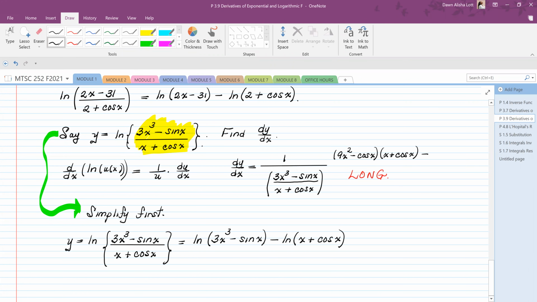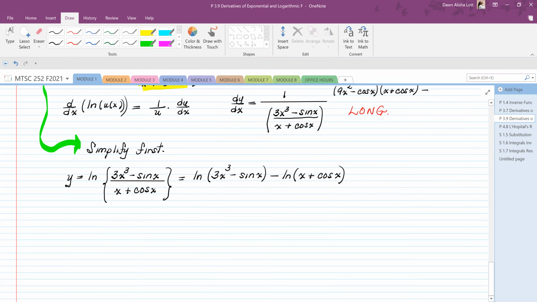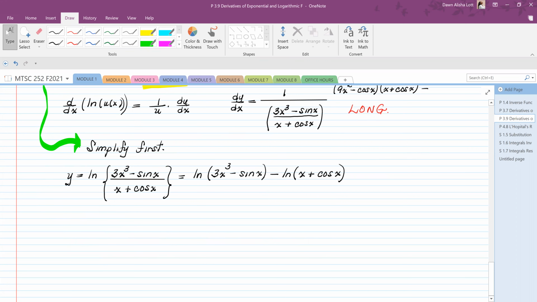Now that I simplified it, it's actually easy to take the derivative, because it's simplified. So now I can do dy dx. The derivative of this first term is what?